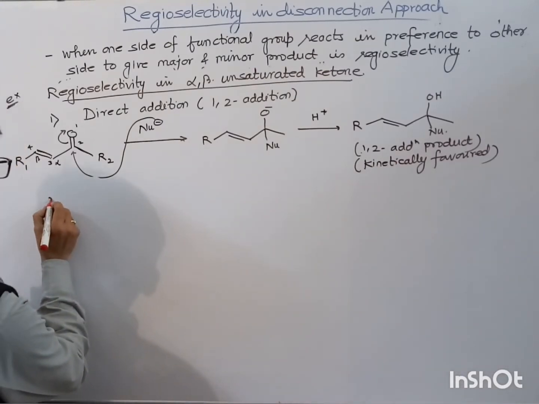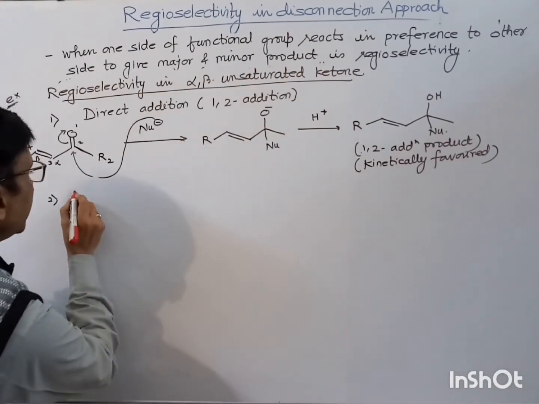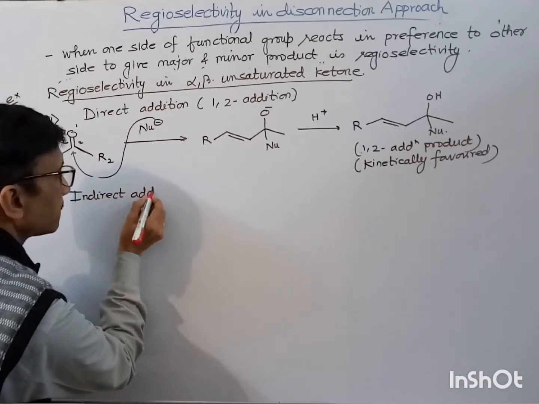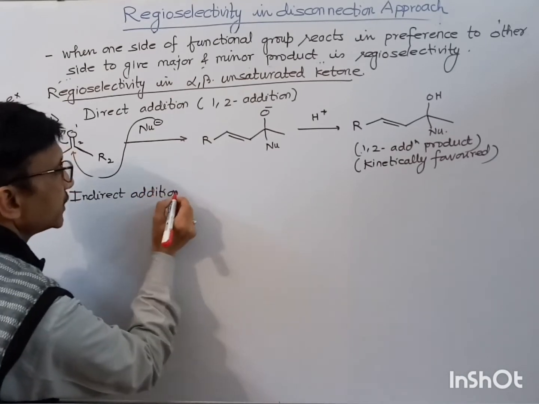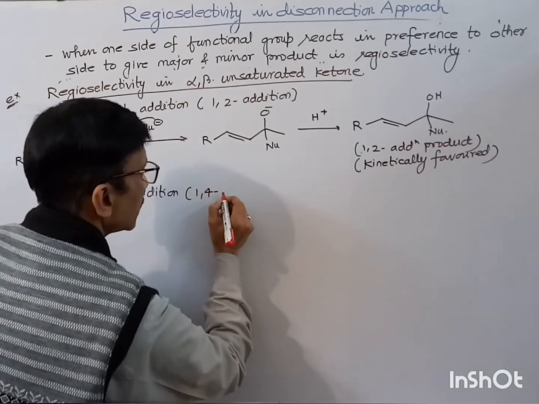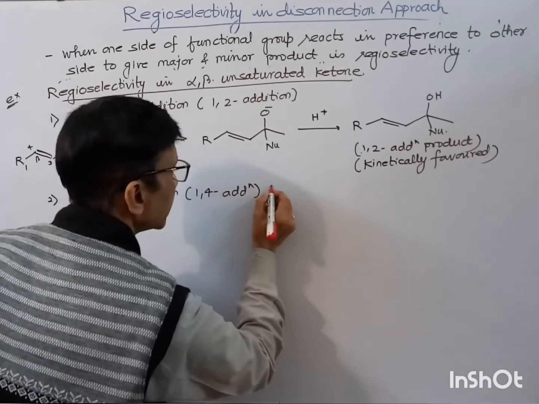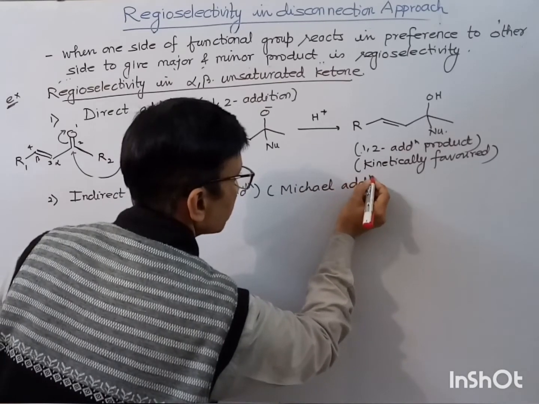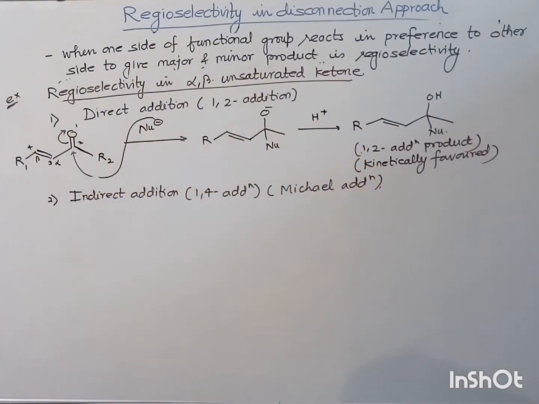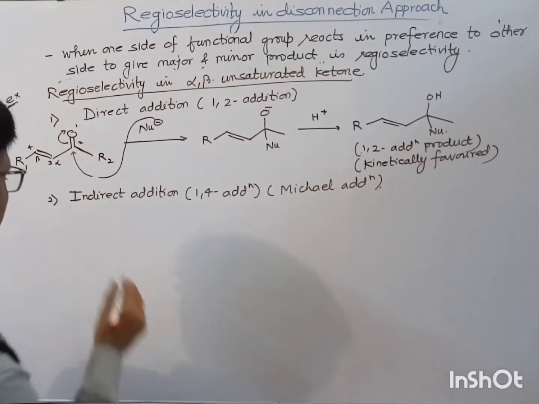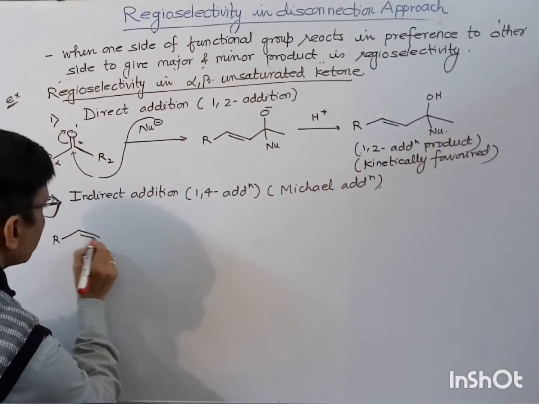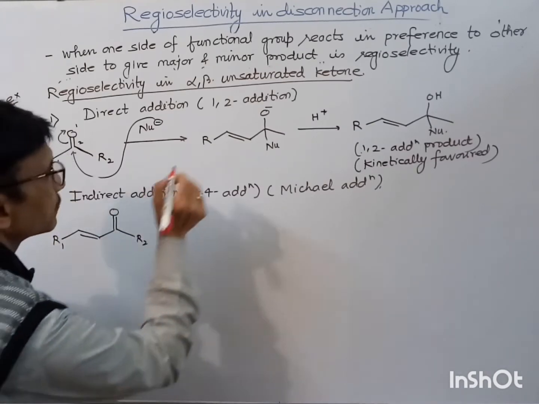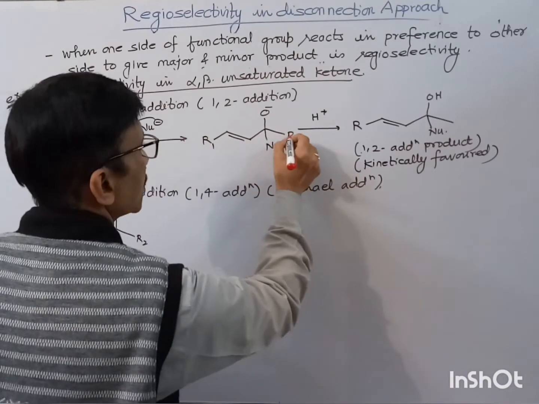Okay, now the second type of addition is indirect addition, or it is the 1,4 addition, or we say Michael addition. It is also called the Michael addition. Now suppose this was R1, this was R2.